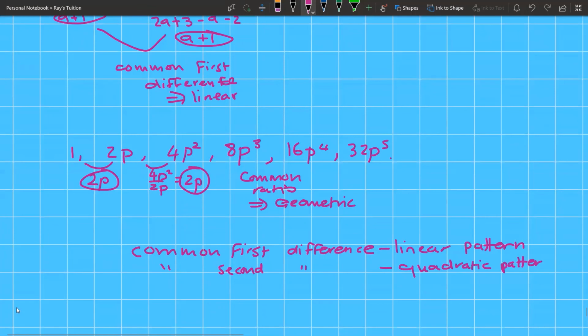If it has a common third difference, then we have a cubic pattern. And finally, if it has a common ratio, so not a difference, then we have a geometric pattern. Okay, so we have covered each of these patterns, well, except for cubic, individually.